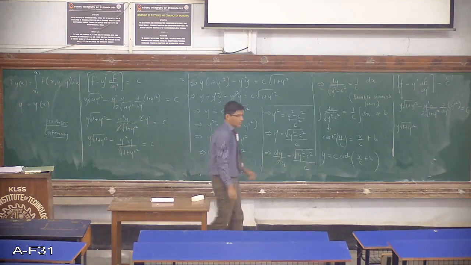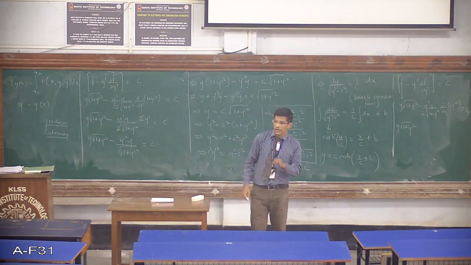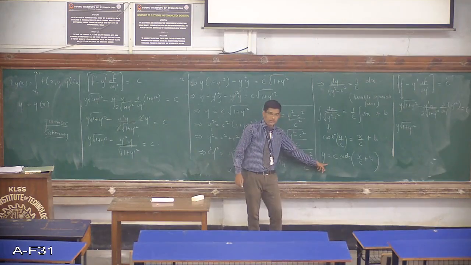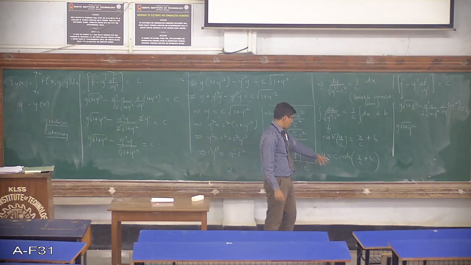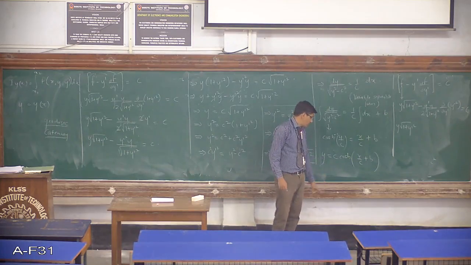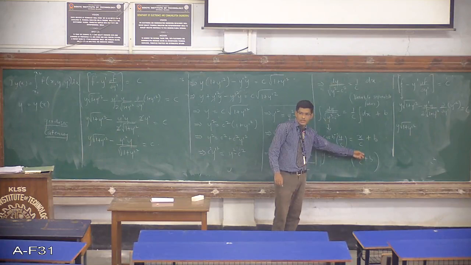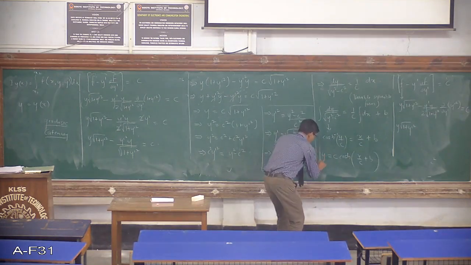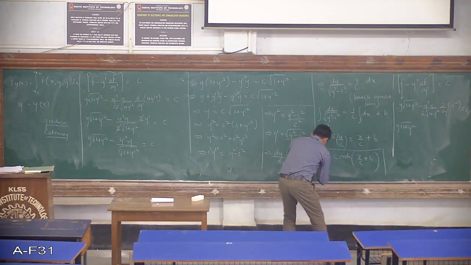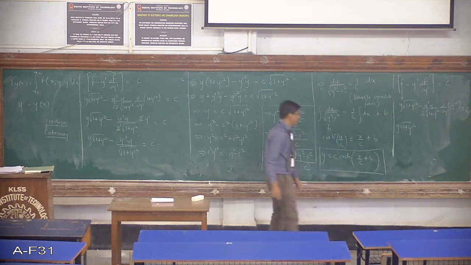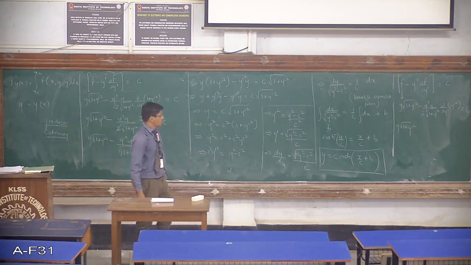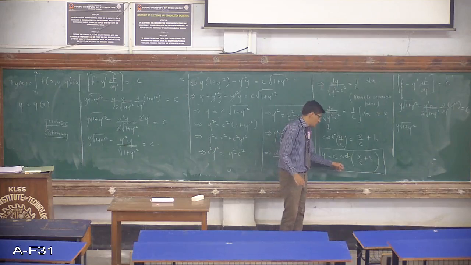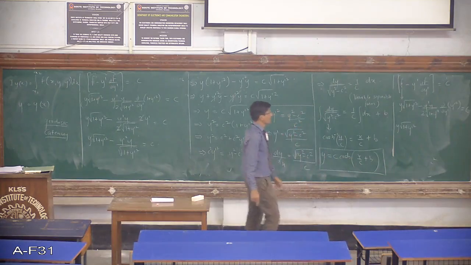Whenever you are asked to solve any catenary problem, you will end up with this particular equation only. This is the general equation of such type with respect to all your variables, whether it is theta or any other parameter. So the required catenary is y is equal to c cos hyperbolic x by c plus b.